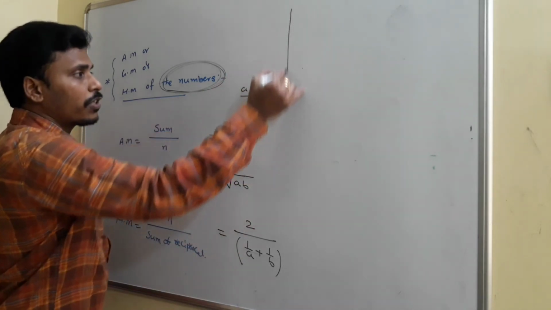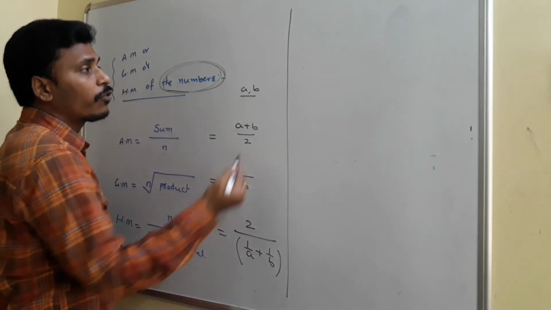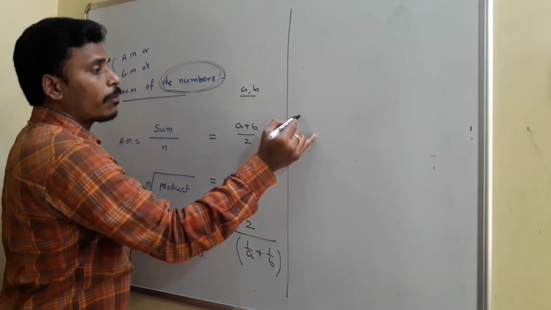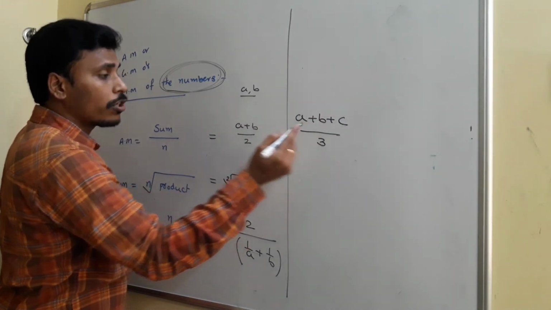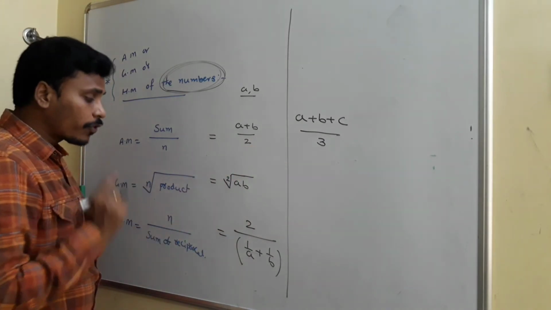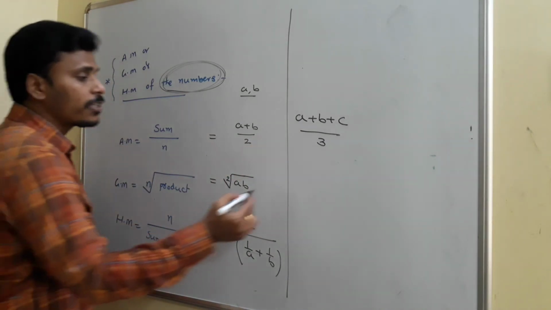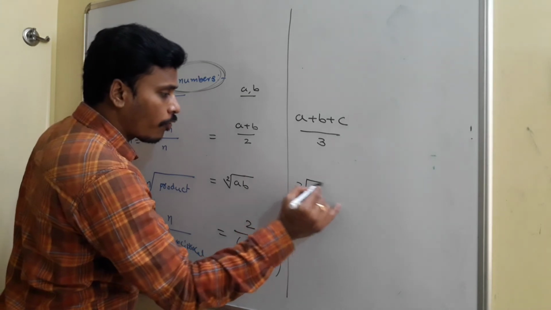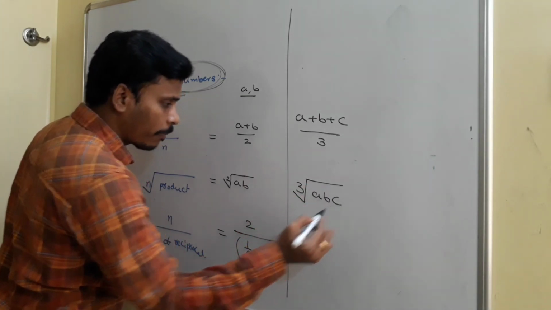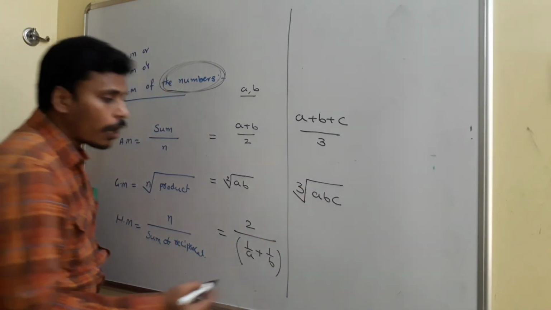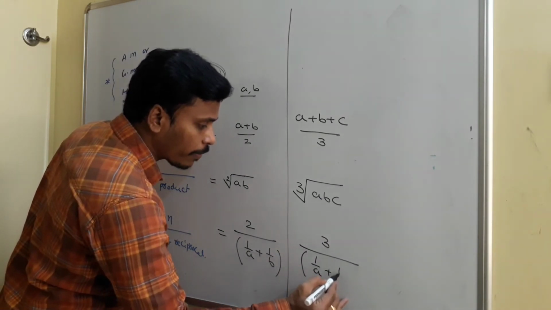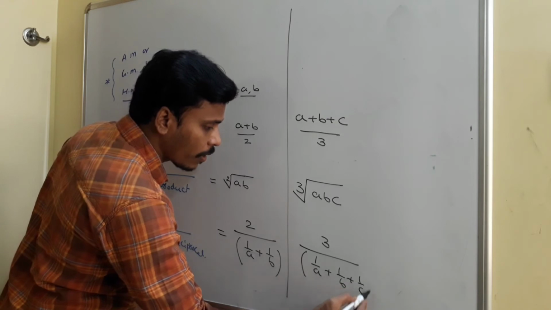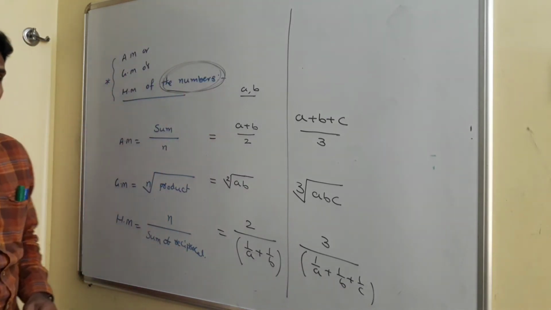Suppose I have 3 numbers, then the arithmetic mean is a plus b plus c by 3, because we have 3 numbers. The geometric mean is the cube root of abc. The harmonic mean is 3 divided by 1 by a plus 1 by b plus 1 by c. Have a look at this.